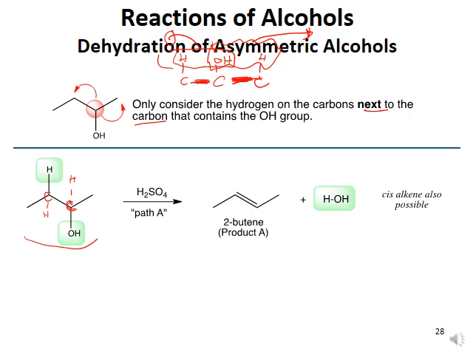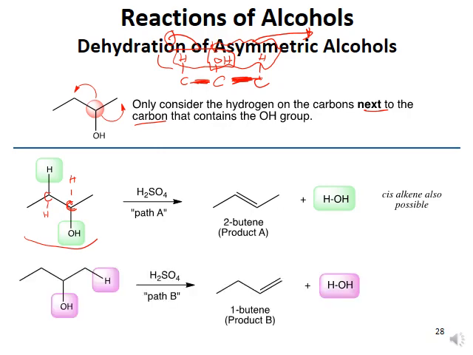That's one path. Here's the second path. This carbon also is attached, and it's got 3 hydrogens on it. And so you could take these two on path B and make the double bond on the end.